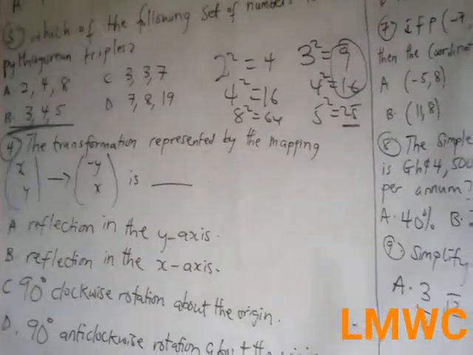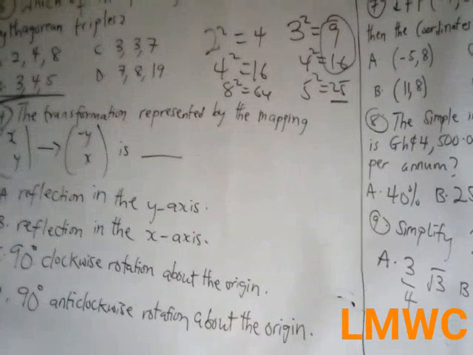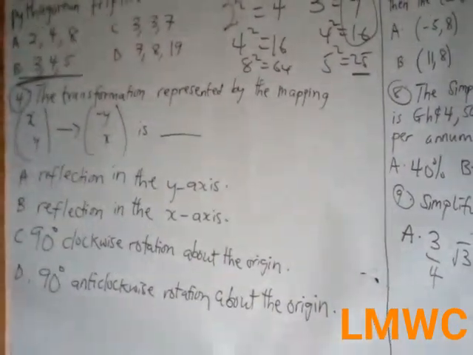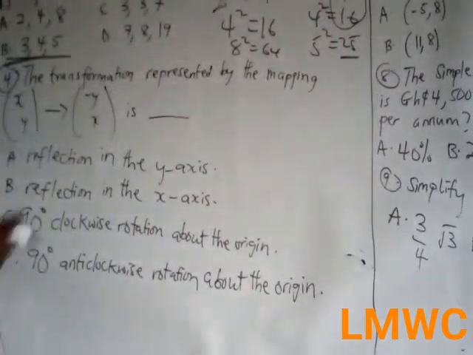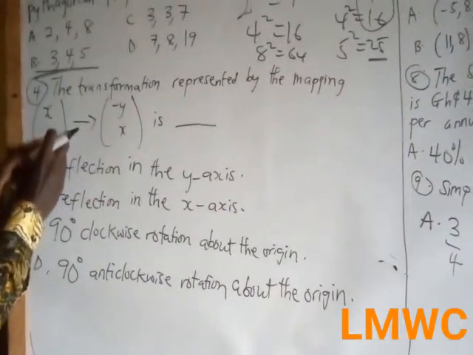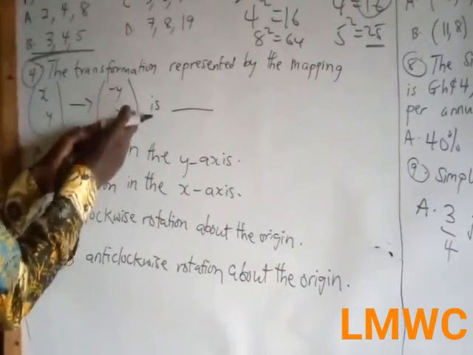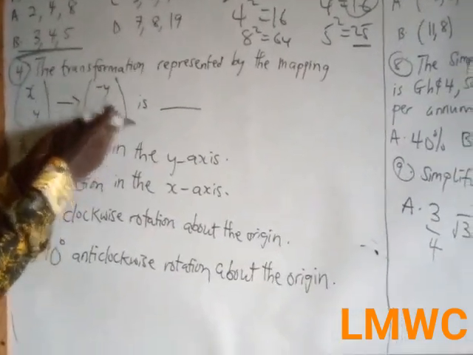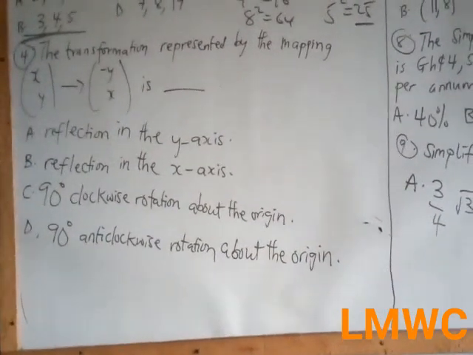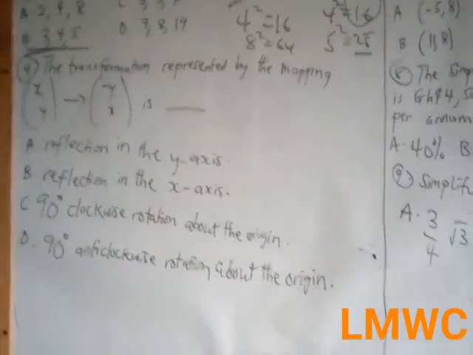Question 4. The transformation represented by the mapping (x, y) maps to (negative y, x) is always, once this point turns upside down, we call it rotation. Take note. Once it turns upside down, it's rotation.